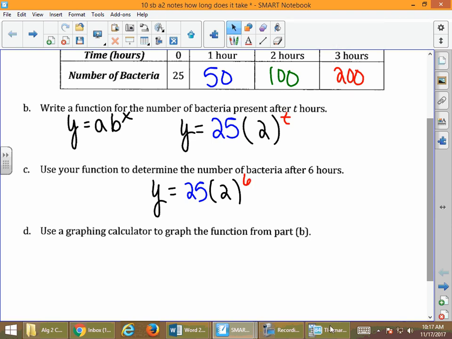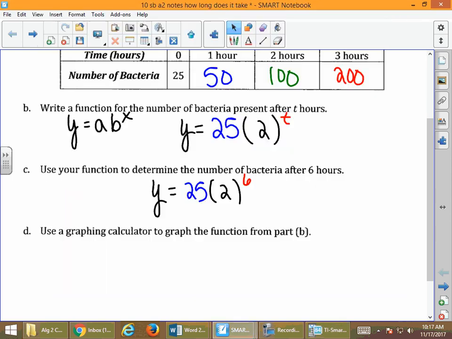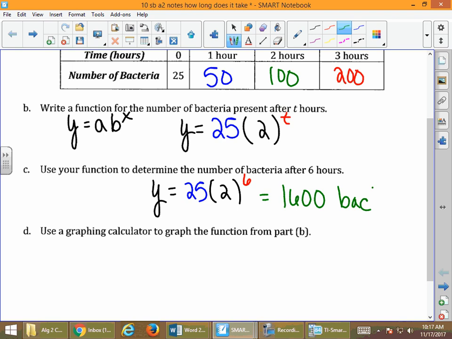So we go over here to our calculator. Y equals, not even y equals, 25 times 2 to the 6. And that gives us our value of 1600 that we typed in. So we've got 1600 bacteria after 6 hours.